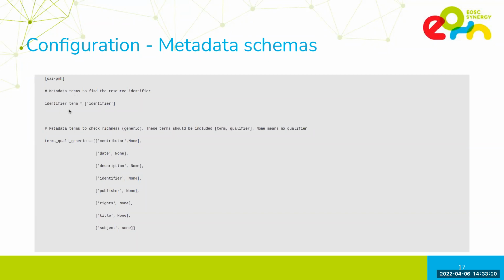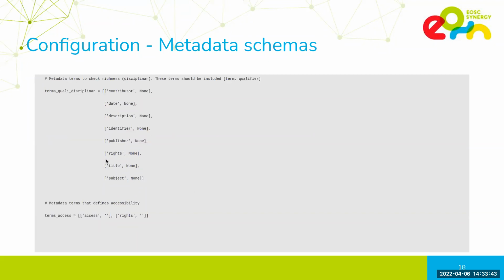For example, you can define where in the metadata you should check if the digital object includes an identifier. In this case, it's identifier. You can check which of the metadata terms should be included to, let's say, show that the digital object is rich enough to fulfill the FAIR principles.